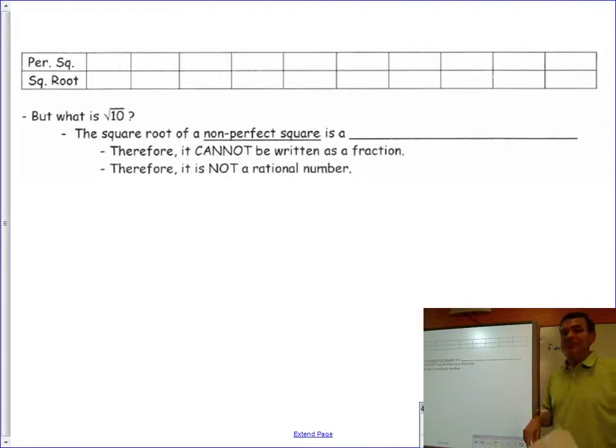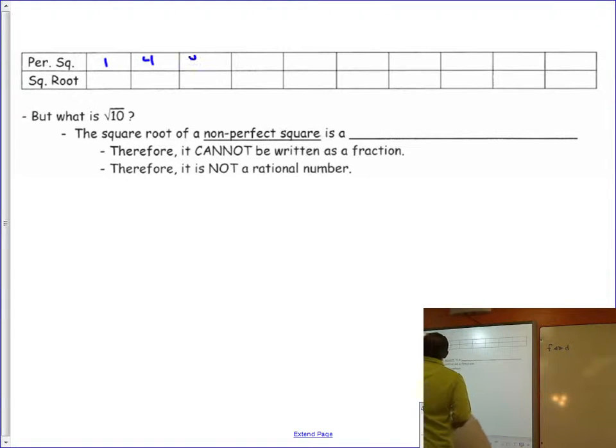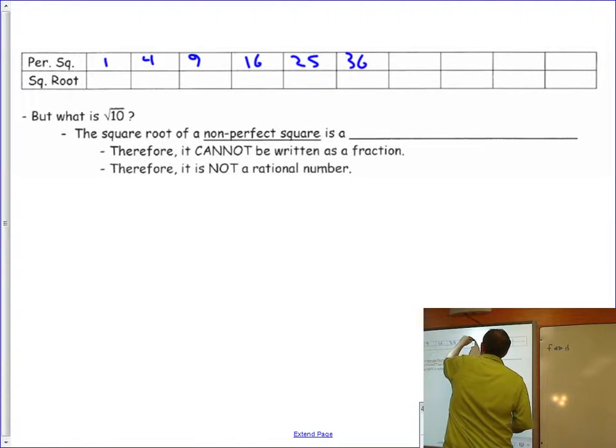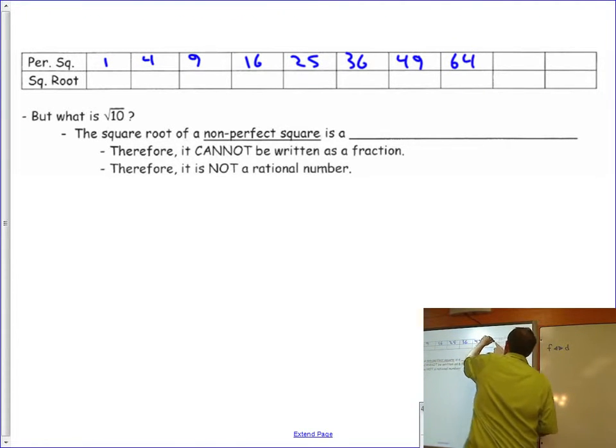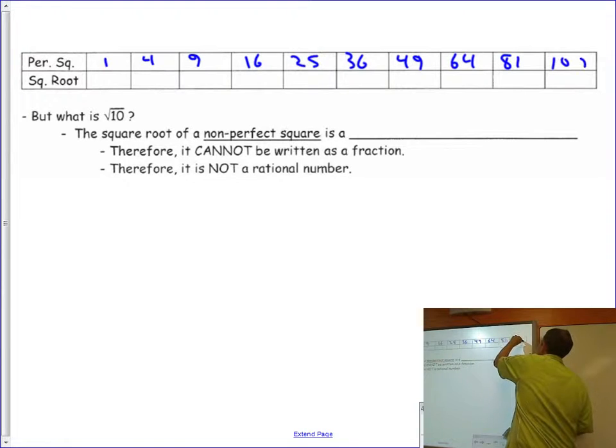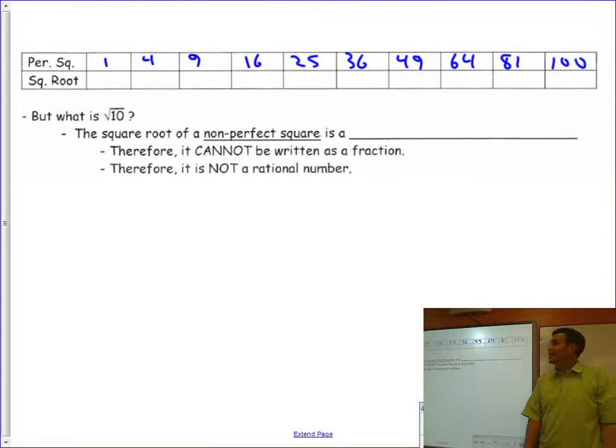How fast do you think you can do it? They are 1, 4, 9, 16, 25, 36, 49, 64, 81, and 100. Those are the perfect squares in order up to 100.